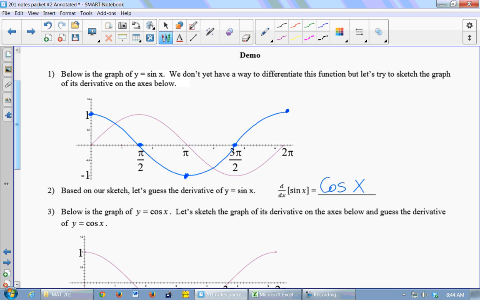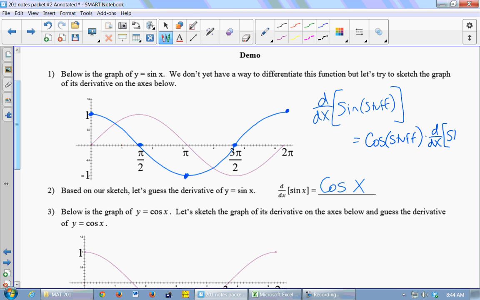But the derivative of sine is cosine, which means that the derivative of the sine of some stuff equals what? Cosine of some stuff. Almost done. No, times the derivative of the stuff. Chain rule, yeah.